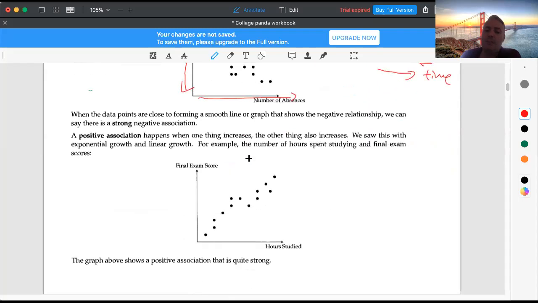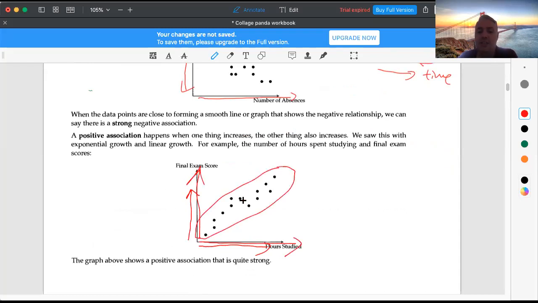Okay, what about the positive relation? For example, the more lesson hours you study for the math exam, your success is getting larger and larger. Or the more students enroll in one school, the school income is getting more and more. So when X values are increasing, Y values are also increasing, and there is a strong relation between them.